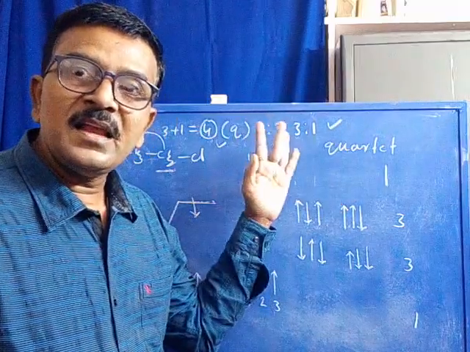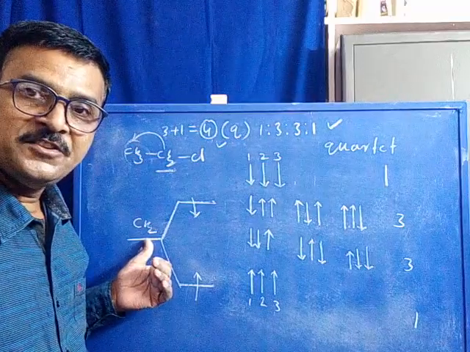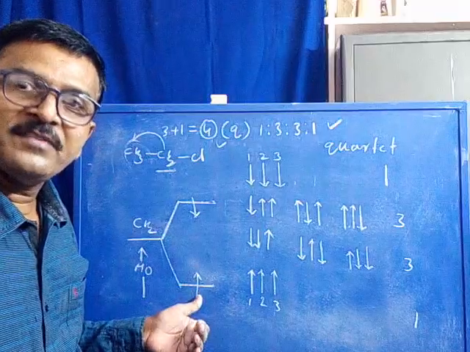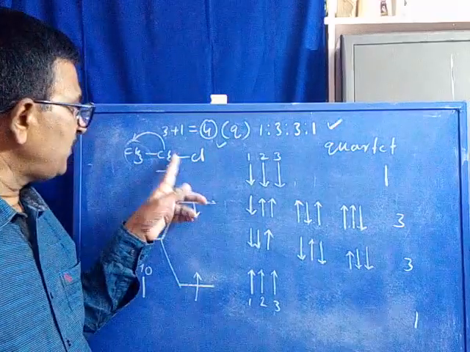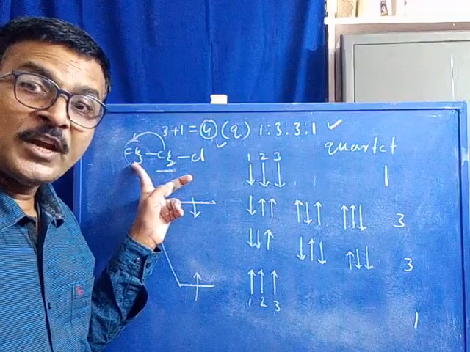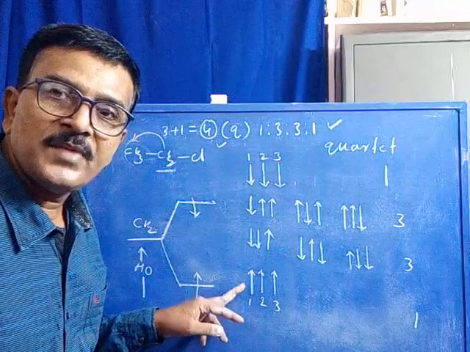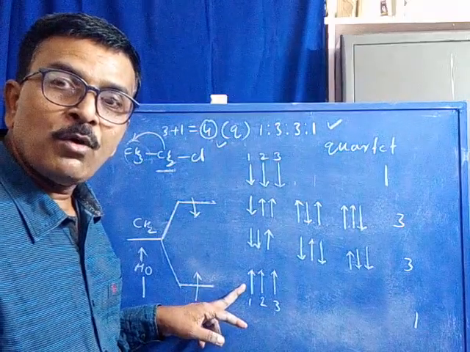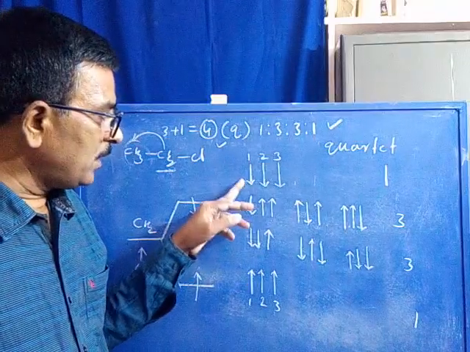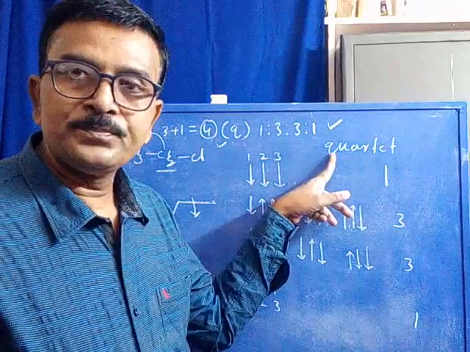Let us apply the theory. For a CH2 degenerate energy state, when H0 is applied, there are 2 spin states for CH2. When CH2 is coupled with CH3, the 3 protons of CH3 are oriented in this way, or this way, or this way, or this way. So a total of 4 orientations are possible for CH3. Therefore, a quartet appears for CH2.